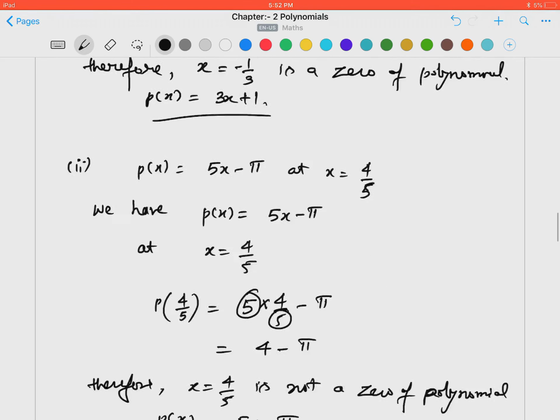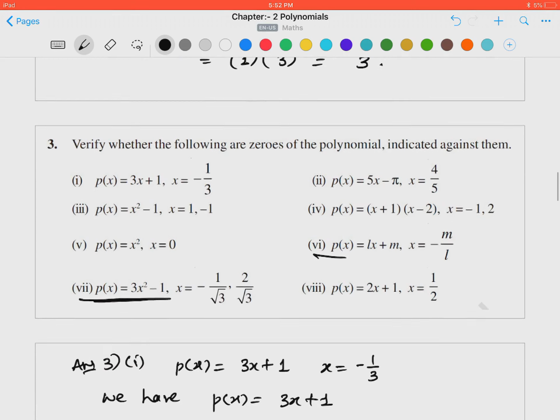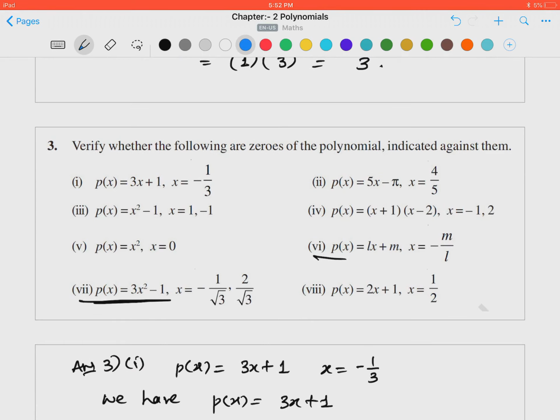Okay, that's how you can solve this question number 3. What I have done is part 1, part 2, part 6 and part 7. The remaining parts, which are parts 3, 4, 5 and 8, are your homework. You will try them by yourself like I have done here, replacing the values given here.